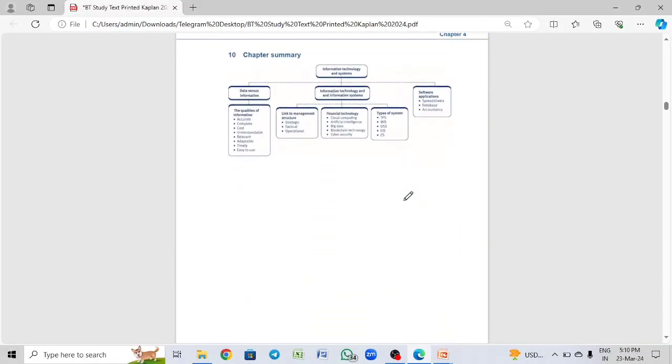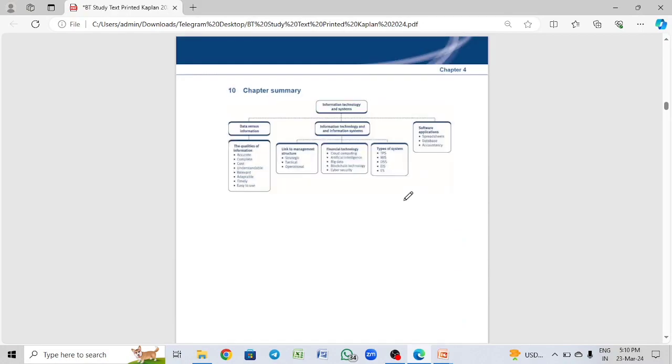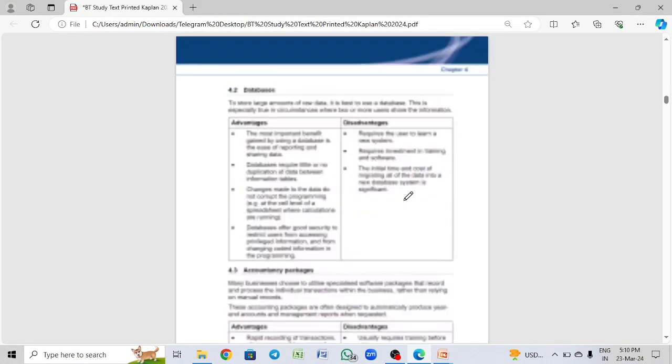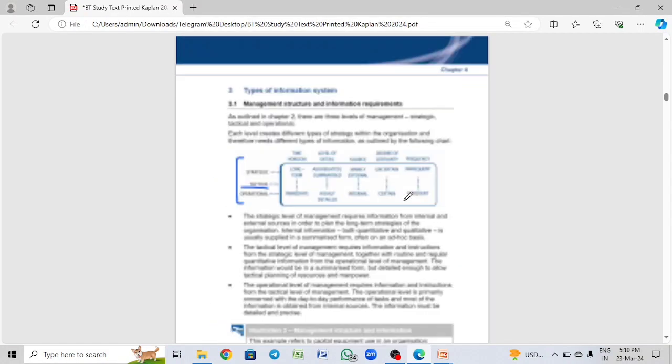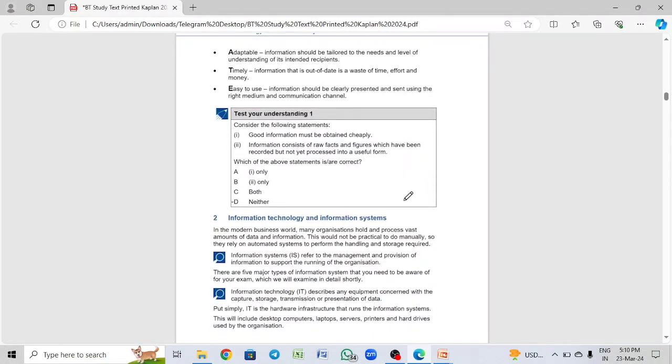Now just the test your understandings are remaining, so let's quickly discuss all of them. The first test your understanding, number 1, says: consider the following statements. Number 1, good information must be obtained cheaply. Number 2, information consists of raw facts and figures which are recorded but not yet processed in a useful form. Which of the above statements are correct?